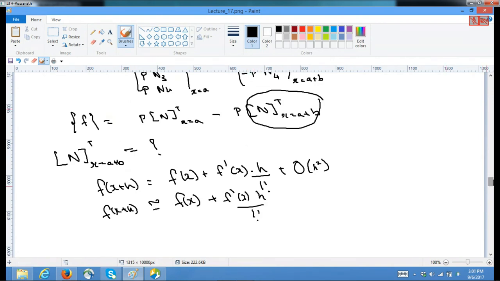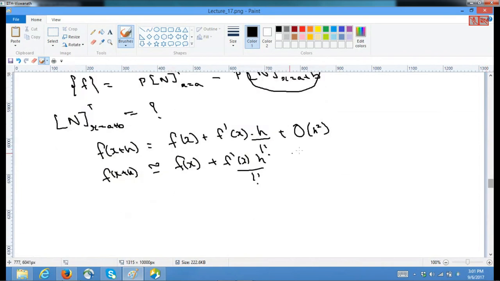Okay, so if this is the approximation, using the same thing, I want to expand a vector N about a.